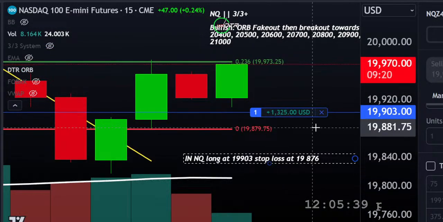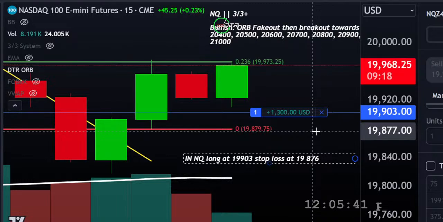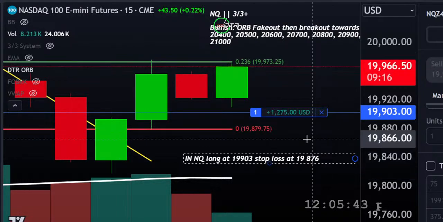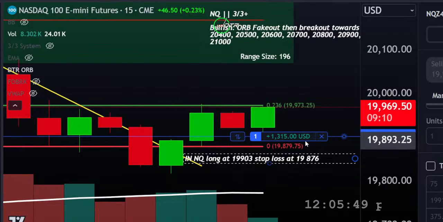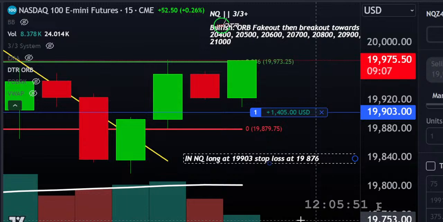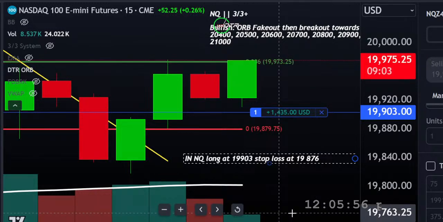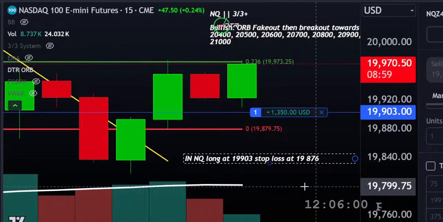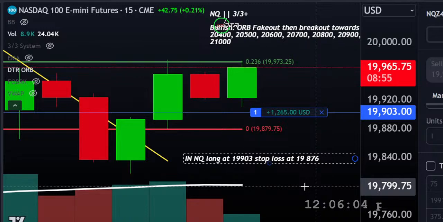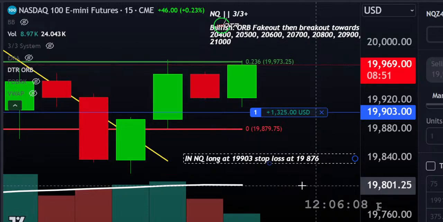So that's green on the day. Let's see if it's got the juice. What a strange living. Anyone still holding out with me here?